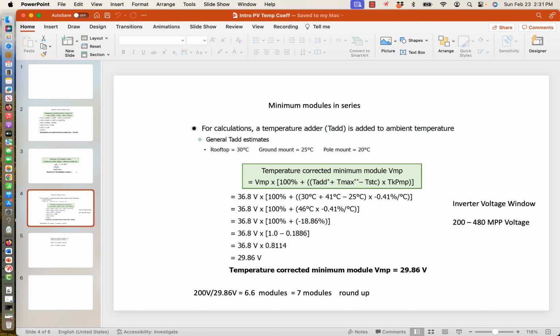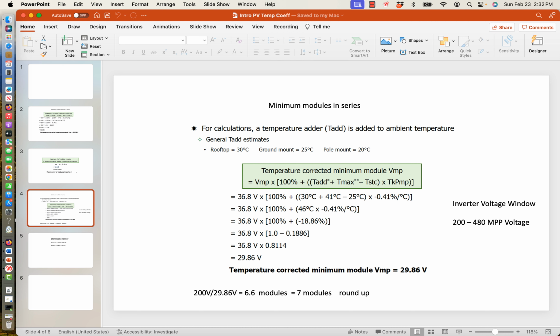Next, we're going to multiply by our temperature coefficient of max power. 46 degrees C times negative 0.41% per degree C. And as a result, we get negative 18.86%. So we're losing almost 19% of our voltage on the average hot day.